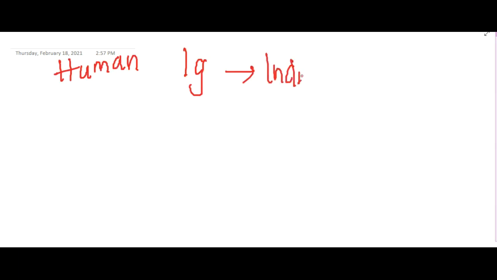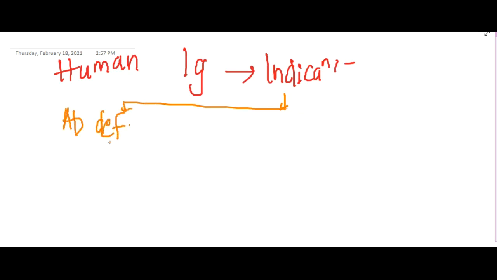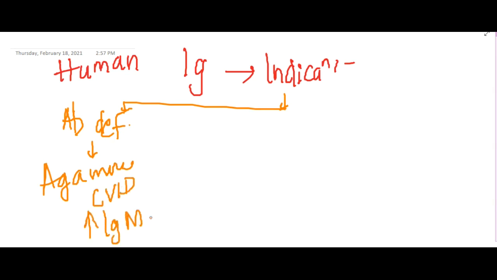The indications include antibody deficiencies: agammaglobulinemia, common variable immunodeficiency, hyper IgM syndrome, IgG subclass deficiency, and transient hypogammaglobulinemia of infancy.